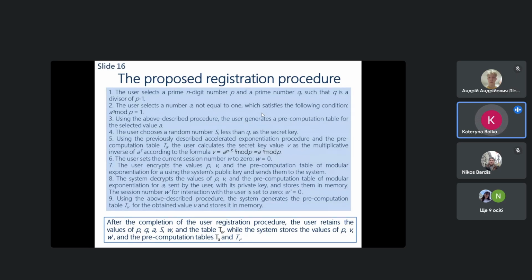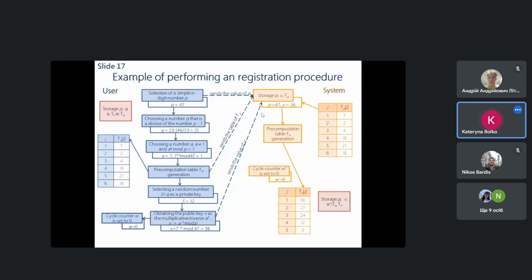The next slide, slide 16, presents the formalized description of the proposed user registration procedure in the system. Slide 17 presents the flowchart of the registration procedure with an example. In particular, it shows how the previously constructed precomputed tables are used to calculate the multiplicative inverse.